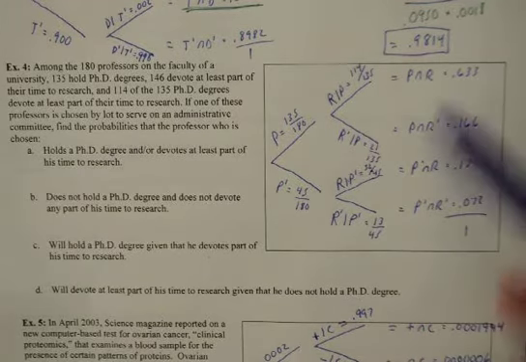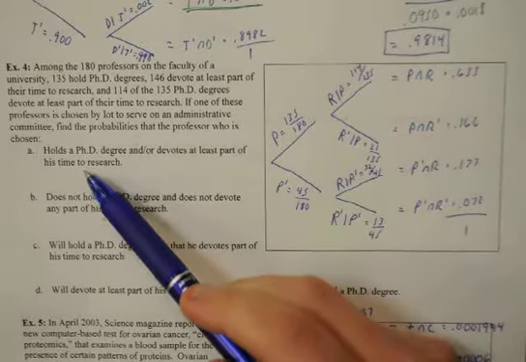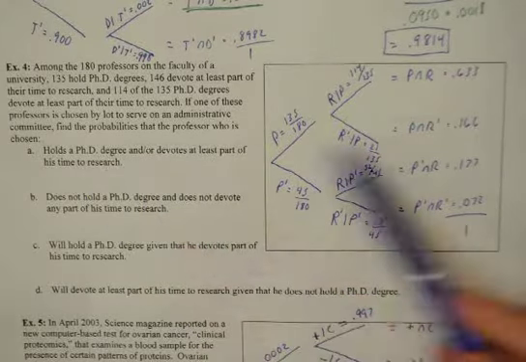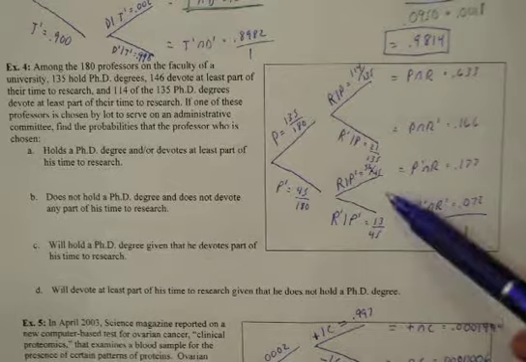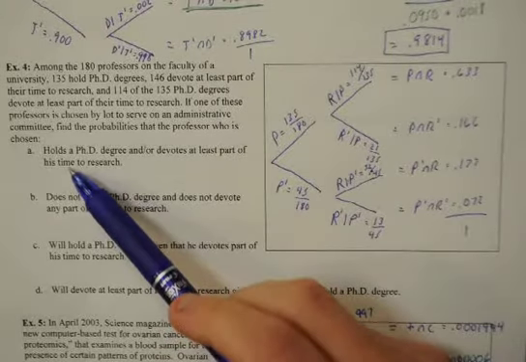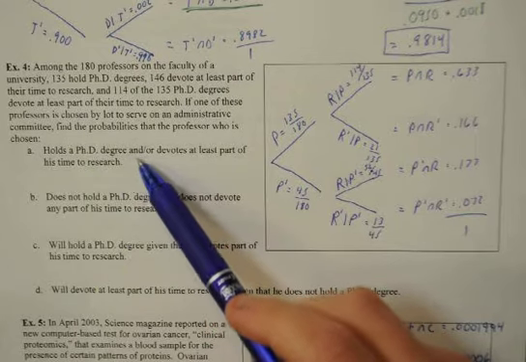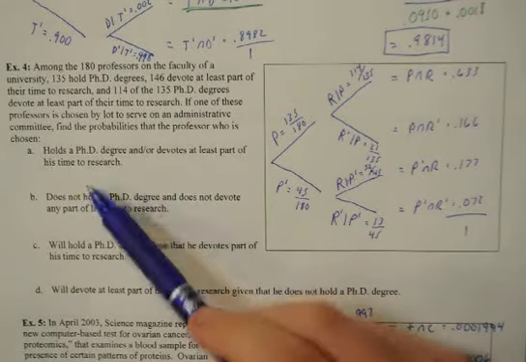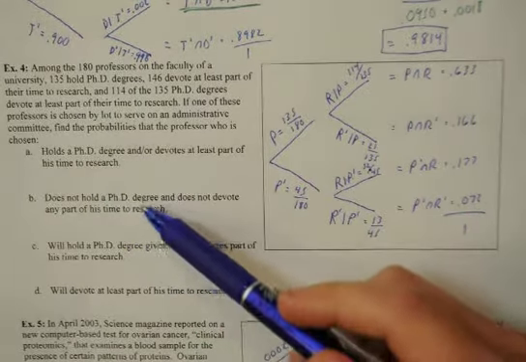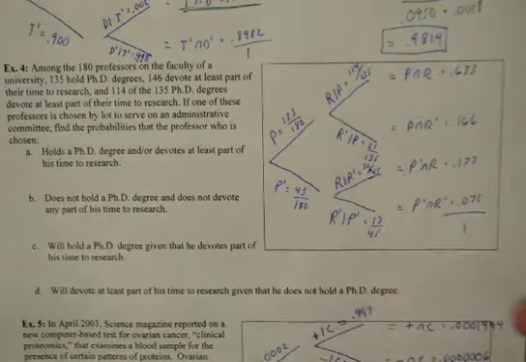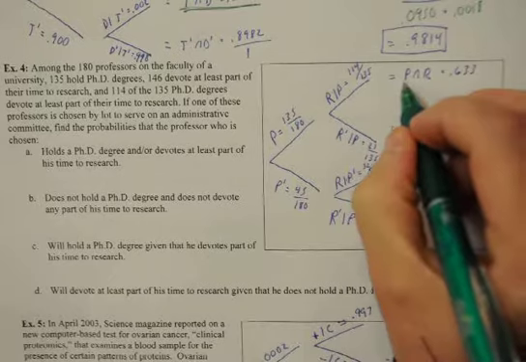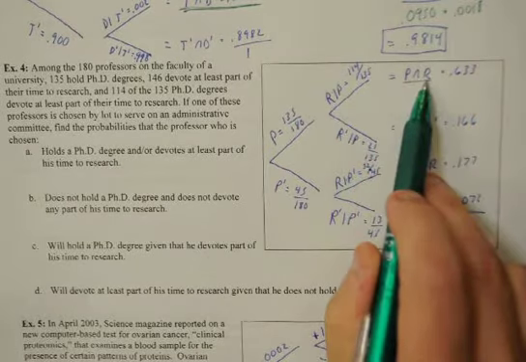So here is the chart. Next, what's the probability given this chart of someone who holds a PhD and or devotes at least part of their time to research?